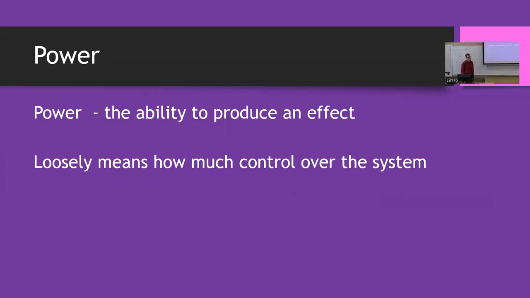If you're a dictator, you have all the power, right? You have total control over the system. Whatever you do determines what the system does. But if you're a dummy voter, you don't have any control over the system. You have no ability to make any change in voting.